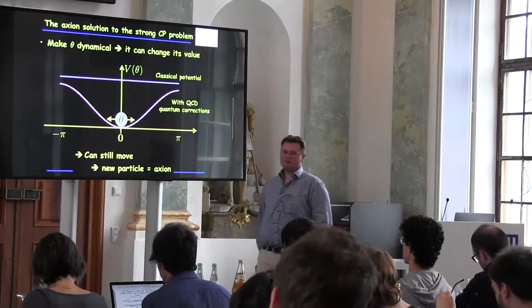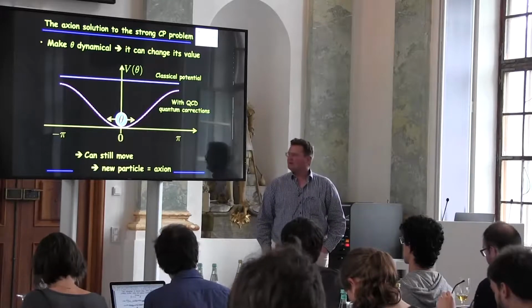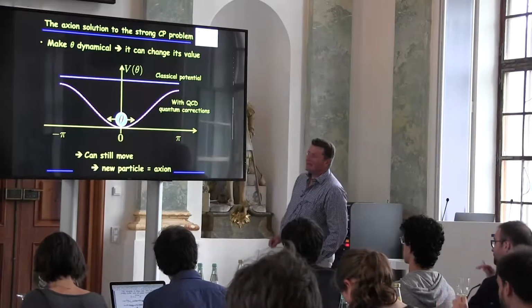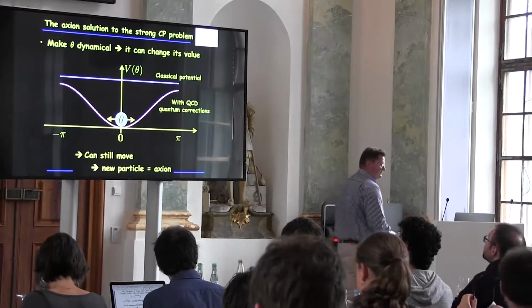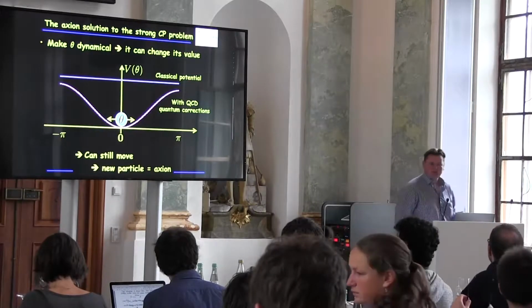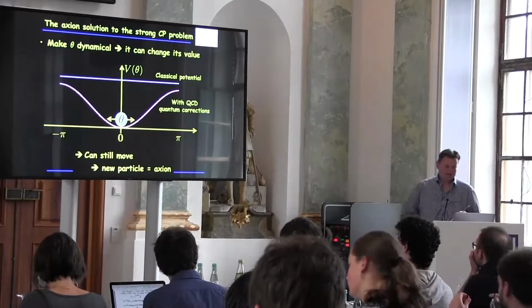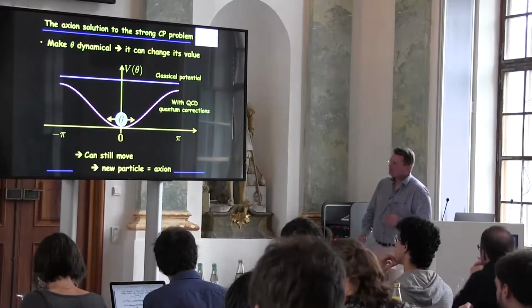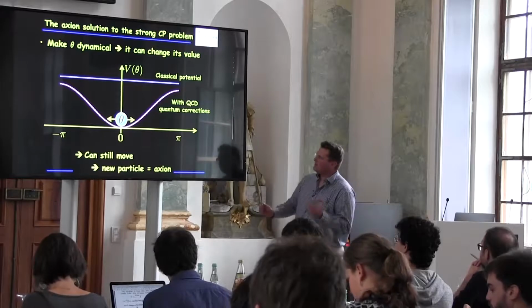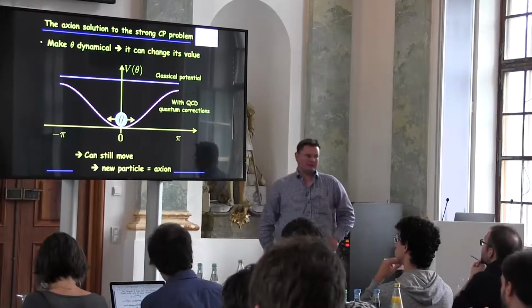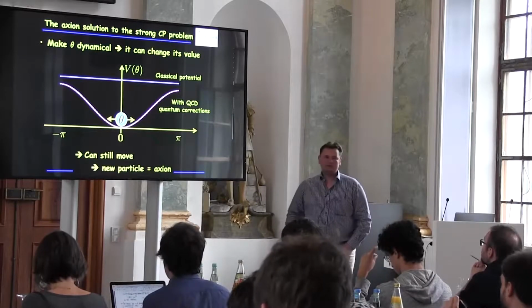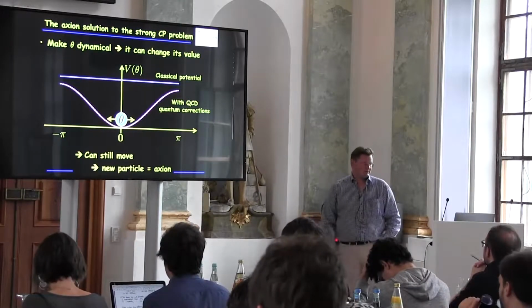And as it turns out, this energetic minimum is at the value where CP is conserved, and the observable electric dipole moment of the neutron is actually essentially zero. Just to remind you, of course, if you have a dynamical field, you of course also have a particle associated.